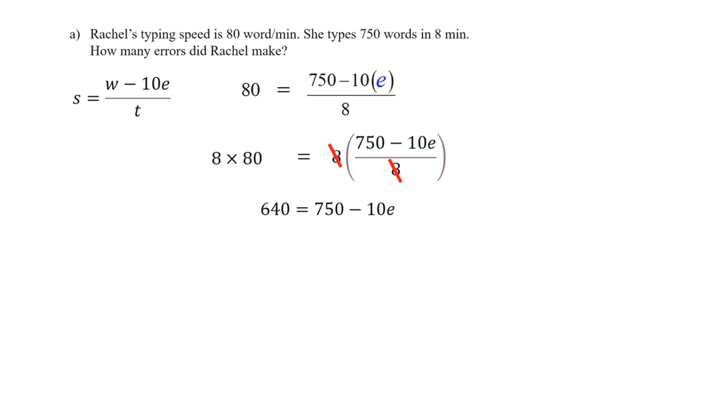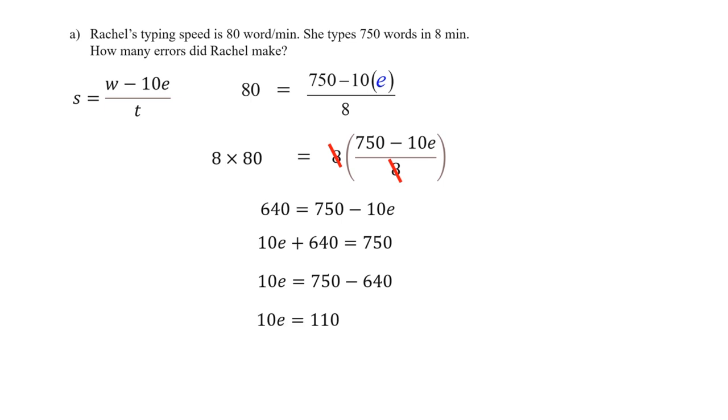As a general rule, we like to have our variables on the left-hand side. So we'll take that negative 10e, bring it over to the left, where it becomes positive 10e, plus 640 equals 750. We'll take that positive 640, we'll bring it over to the right-hand side, where it becomes a negative 640. We'll further simplify our equation.